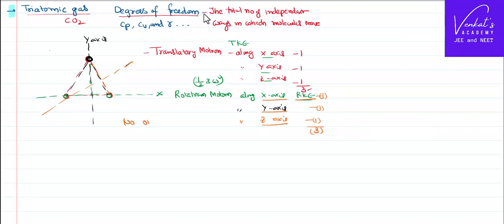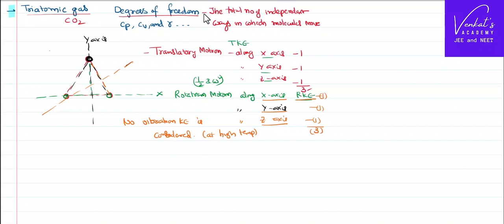No vibrational motion or vibrational kinetic energy is considered because, as I told you earlier, it is considered only at a high temperature. We are not handling such high temperatures in the general case.